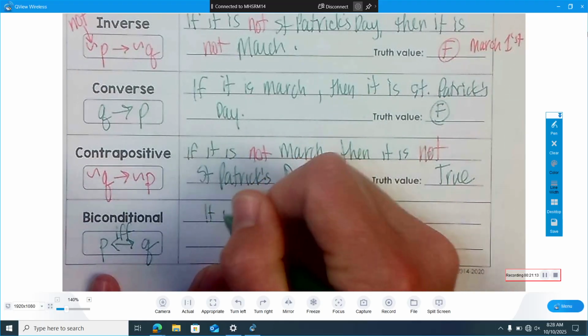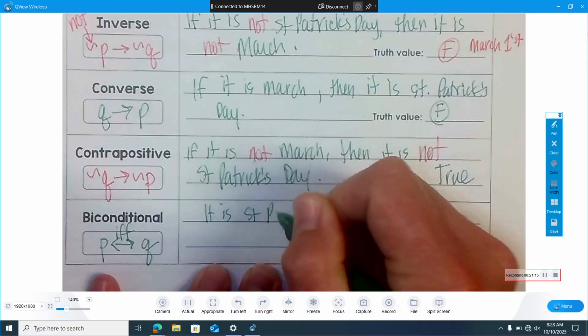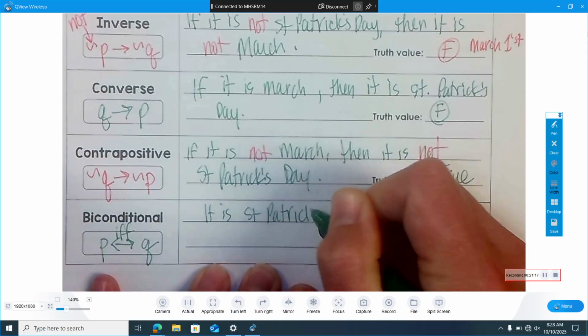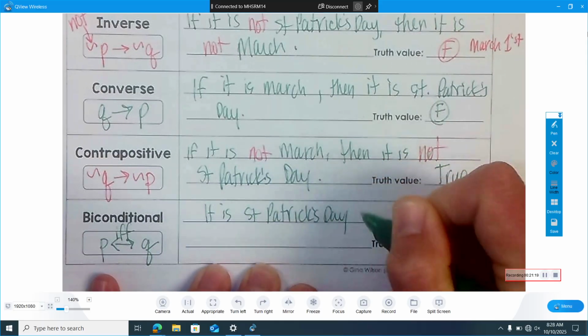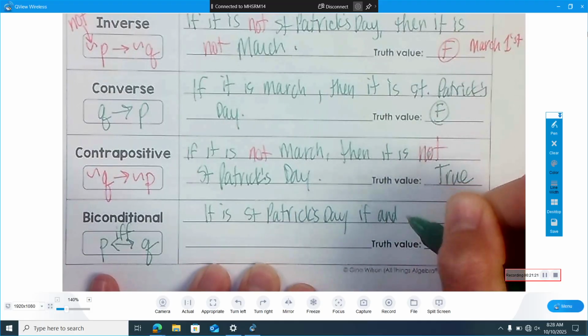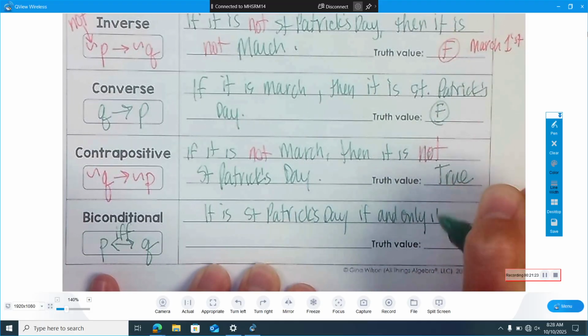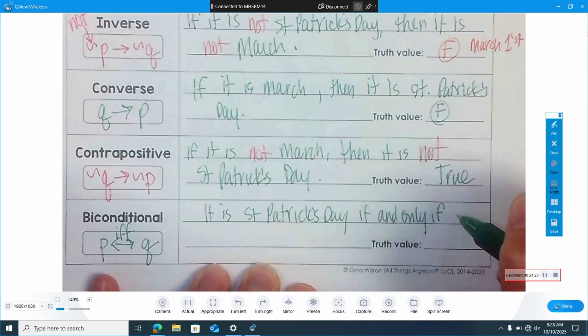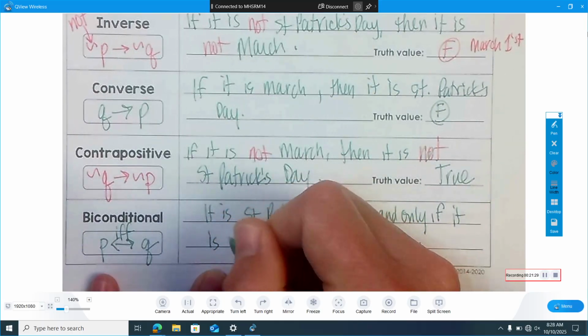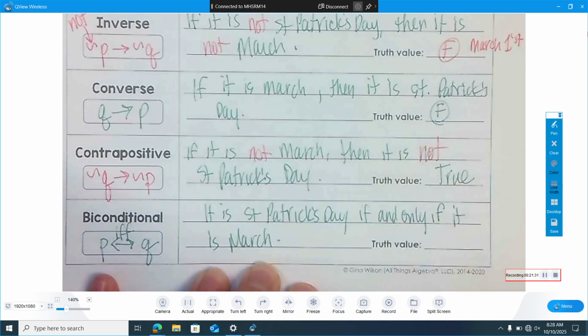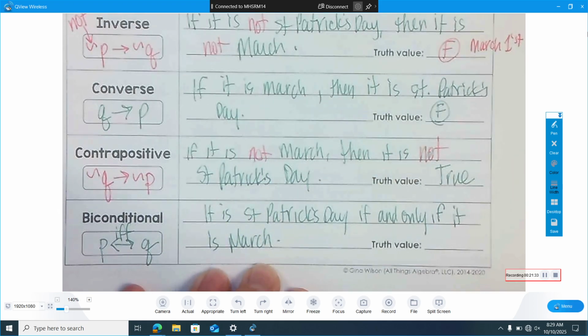It is St. Patrick's Day if and only if it is March.